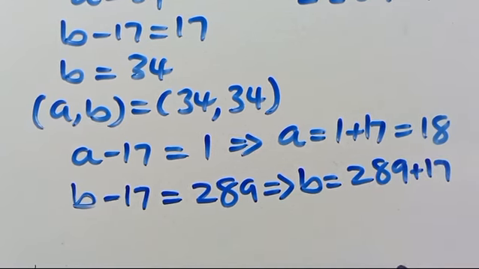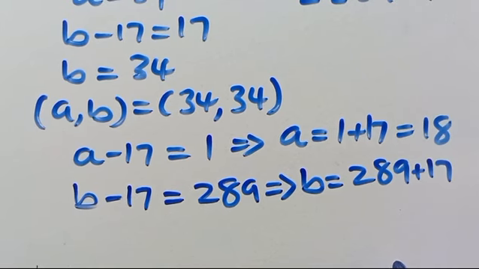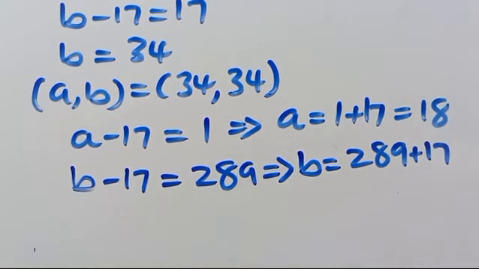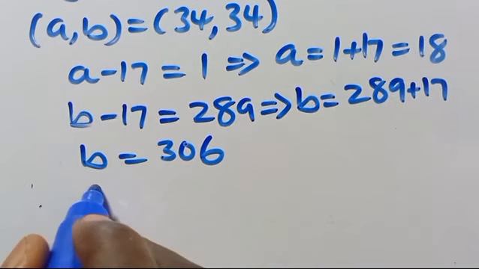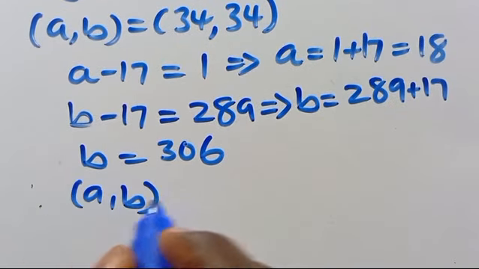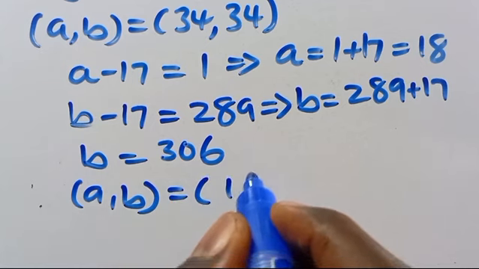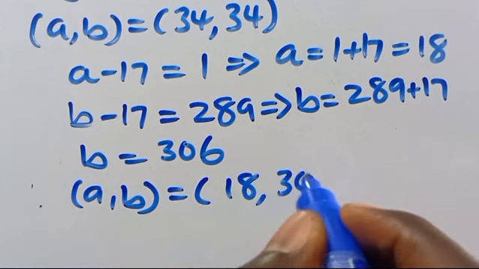So 17 plus 289 will give us 306. So we have b equals 306, meaning we have a comma b to be 18 comma 306.